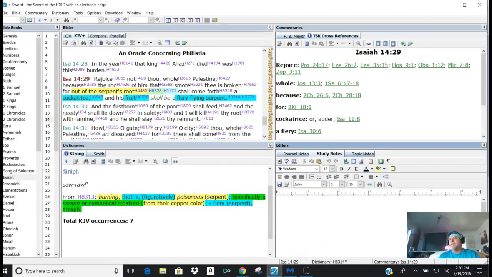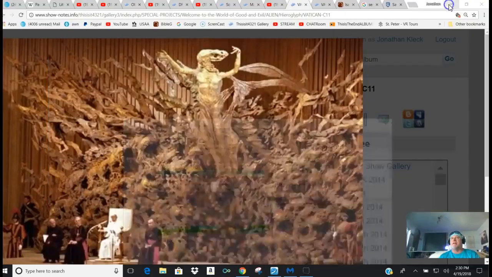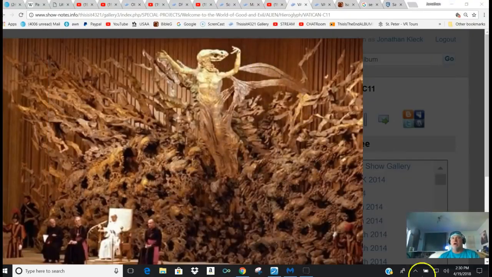I know I'm going over this repetitively, but I'm doing it on purpose, because you need to understand this is no joke. This is no accident. You're looking at a sculpture that was made out of bronze and copper for a reason, because it represents a fiery flying serpent coming up from the root out. That's what you're looking at.